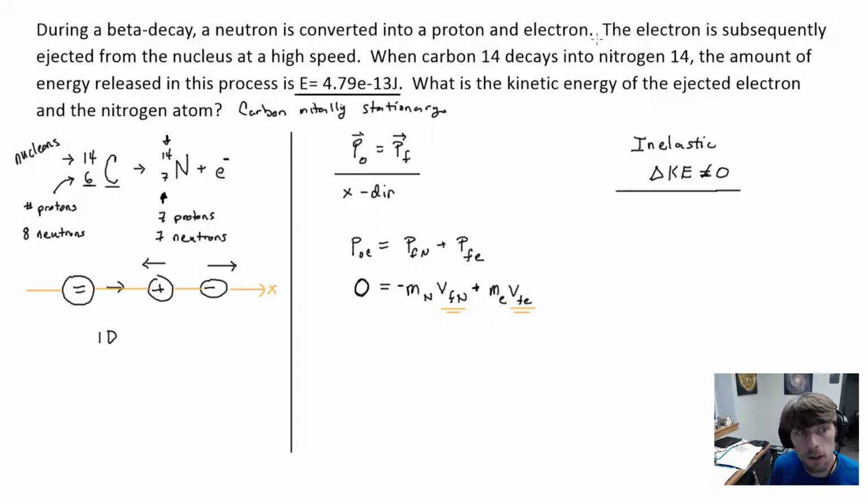And it came from the energy released to pull them apart. You see, I have an energy released in here. That energy gets converted into kinetic energy. So what we're going to do is say the change in kinetic energy is equal to this value that's been given, this 4.79 e to the negative 31st.